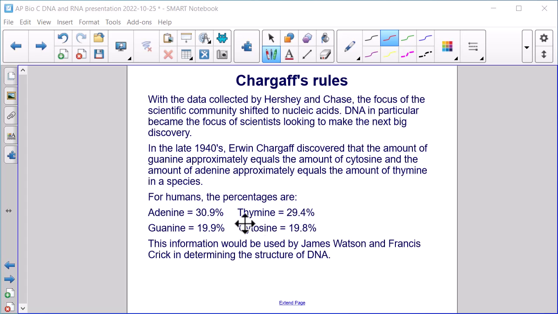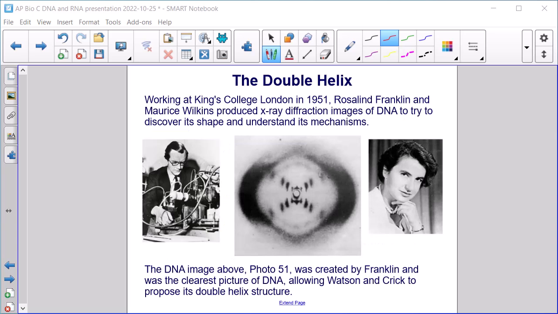For humans, the percentages are 19.9% to 19.8%. And the amount of adenine approximately equals the amount of thymine in a species. For humans, 30.9% adenine, 29.4% thymine. This information would be used by James Watson and Francis Crick in determining the structure of DNA.